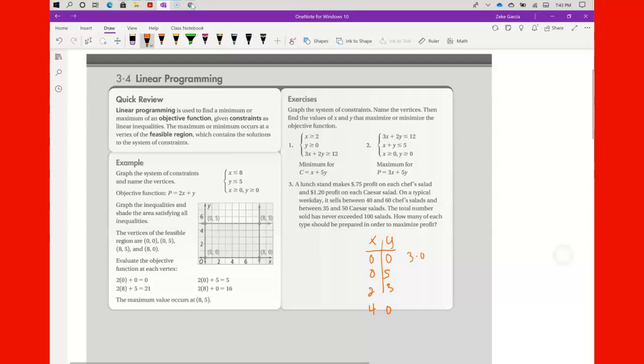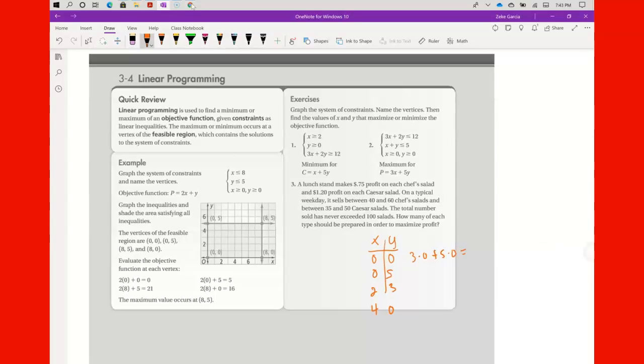So you're going to substitute 3 times 0 plus 5 times 0, and that gives you 0. That is the P-value for (0, 0). So now we're going to find the P-value for (0, 5). So you have 3 times 0 plus 5 times 5, which gives you 25.